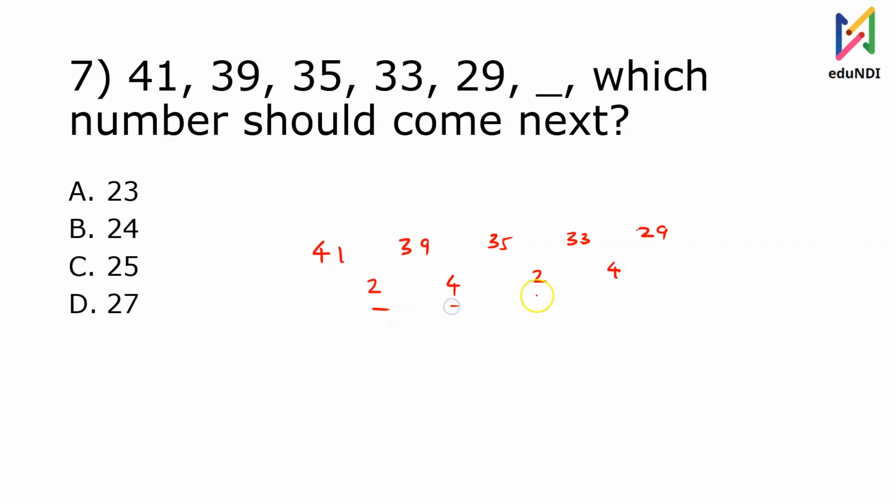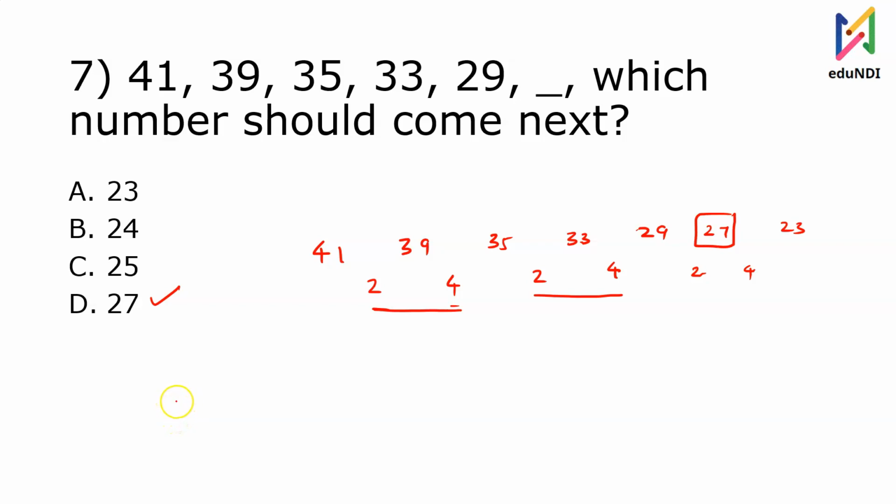So 2 and 4 are getting repeated, right? So the next numbers will be what? 27 and 23. Then you will have 2 and 4, right? So the answer is 27. Clear?